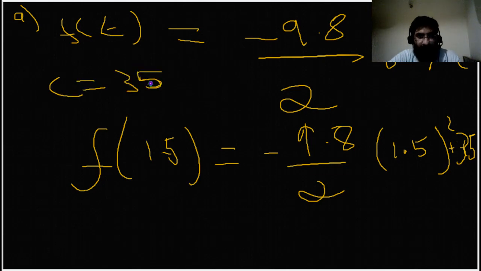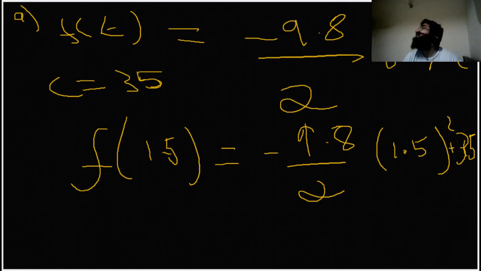Sir, it is 35. It's the answer of C, question 35. What? F of 1.5 is what? It's that plus 35.